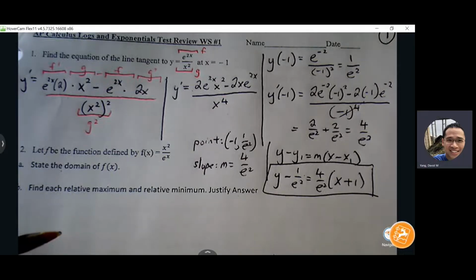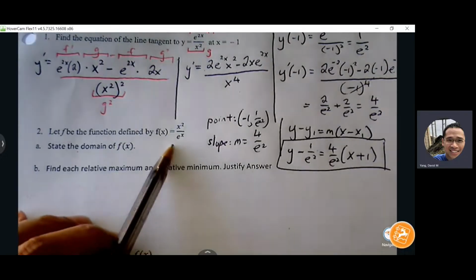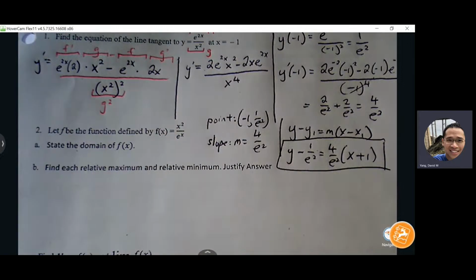We did a curve sketching problem on Friday. We're gonna do another curve sketching problem later on, but I just want to let you know that with curve sketching, I'm only going to be asking for relative interval increase, decrease, relative max, relative min, POI, concave up, concave down, but I'm not going to ask you to sketch the graph.